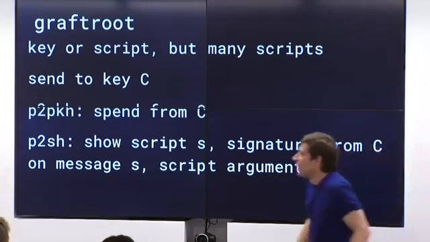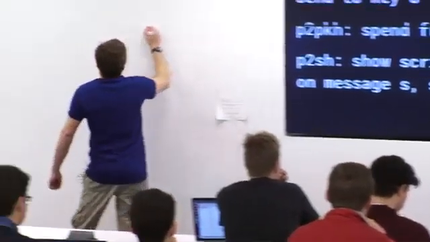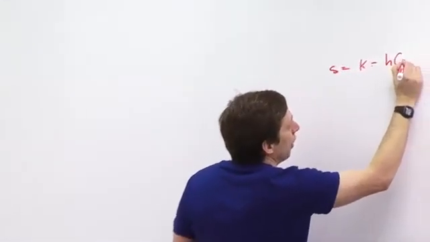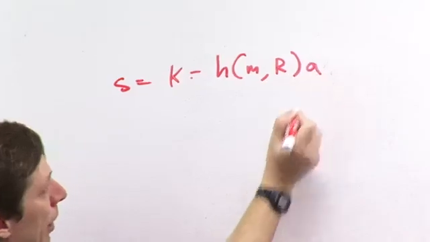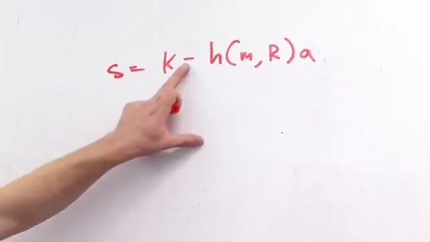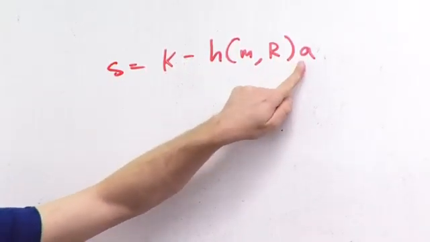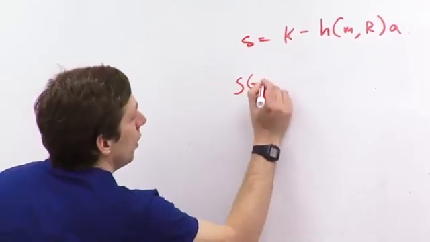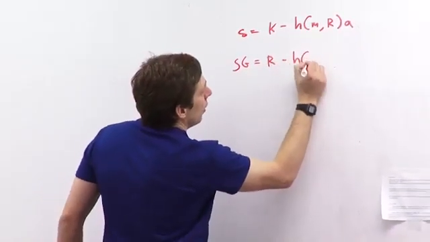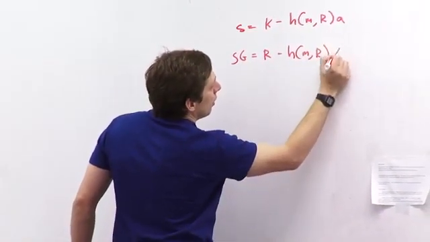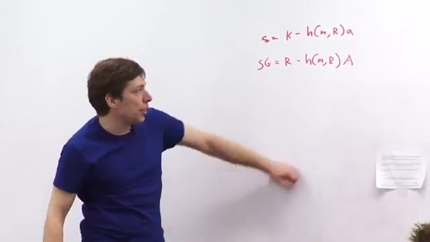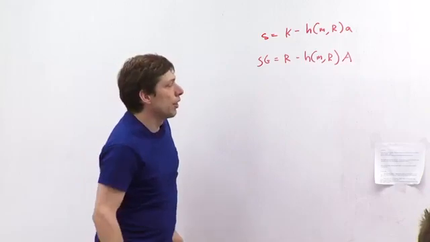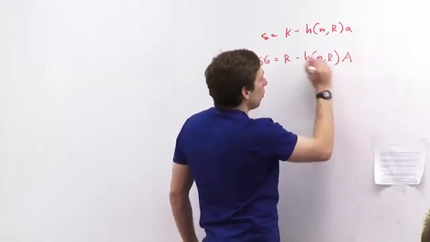So normally you say, okay, s equals k minus the hash of my message and R times point A. What if I want to prove to you that there is no private key for A? Like, s g equals R minus the hash of message and R times pubkey A. I want to prove that I do not know that private key and nobody knows it. So what I do is I actually have to do both.